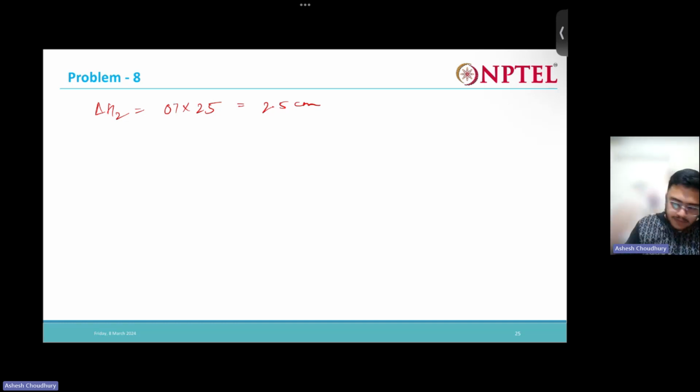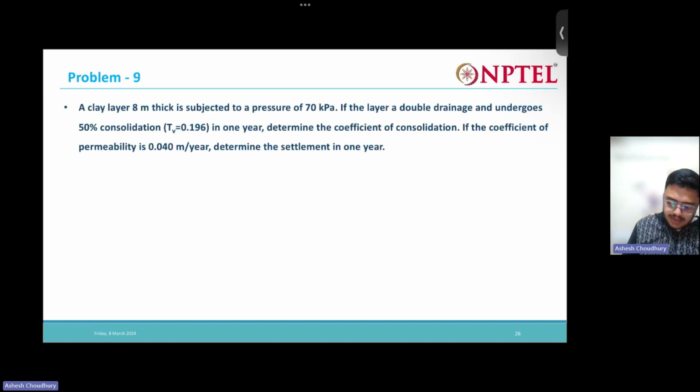Okay. Very simple. So please see this problem. Now, a clay layer 8 meter thick is subjected to a pressure of 70 kPa. If the layer, with double drainage, undergoes 50% consolidation in 1 year.